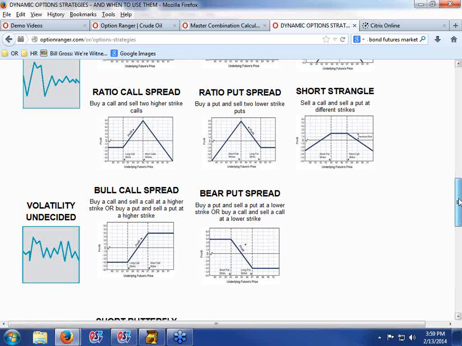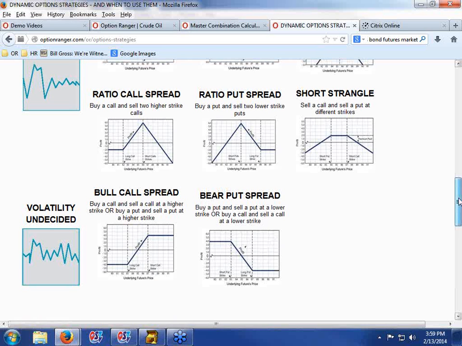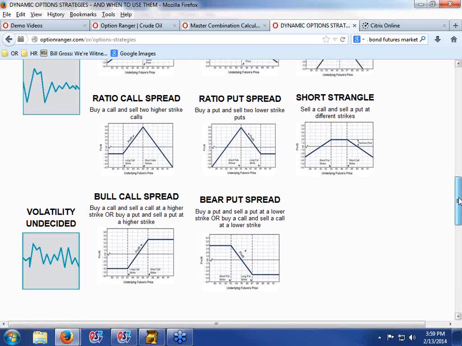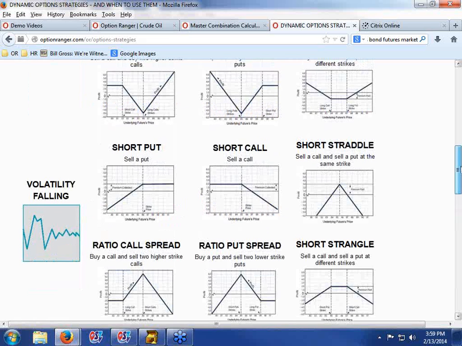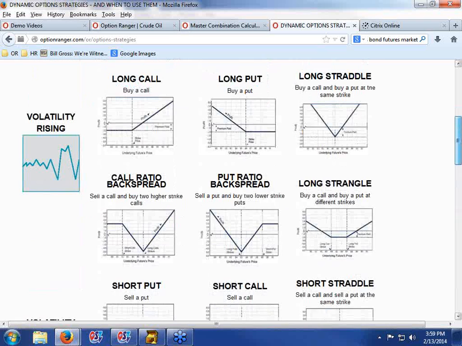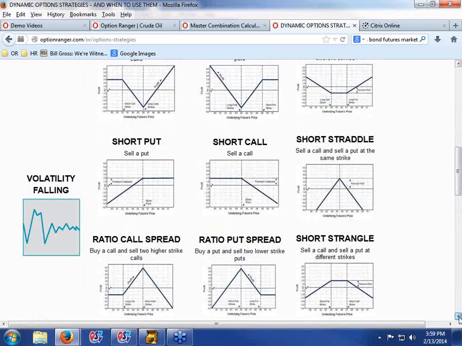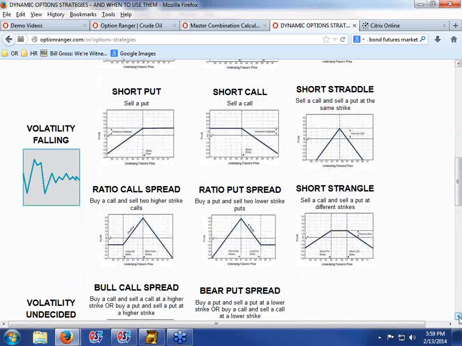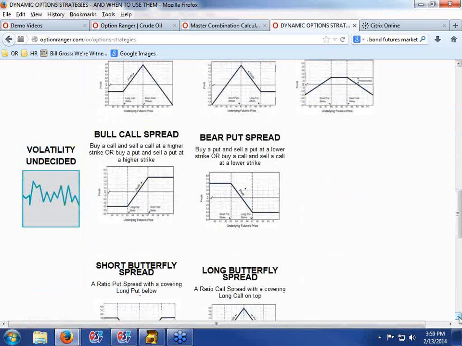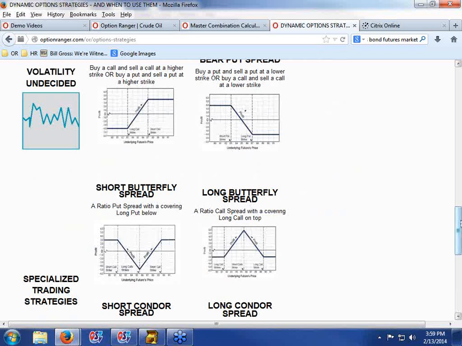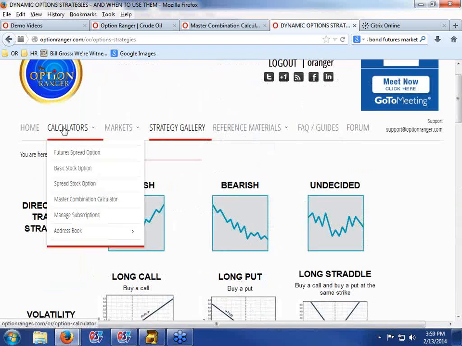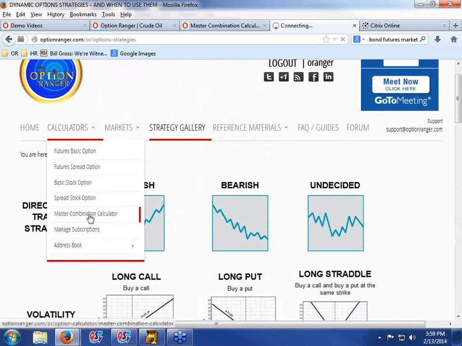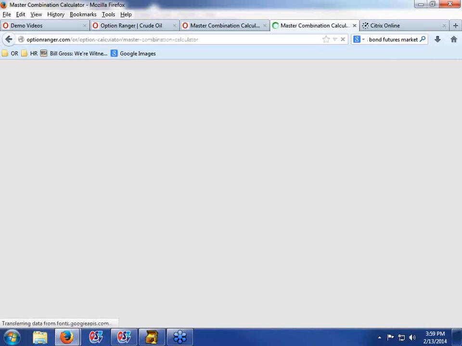A bull put spread and a bear call spread are both trades in the diminishing volatility category, and it's a place where you can model out some of the values. Remember also, you can just do one leg. So let's go back to our recent trade in the strategy gallery, in the master combination calculator under saved tabs.